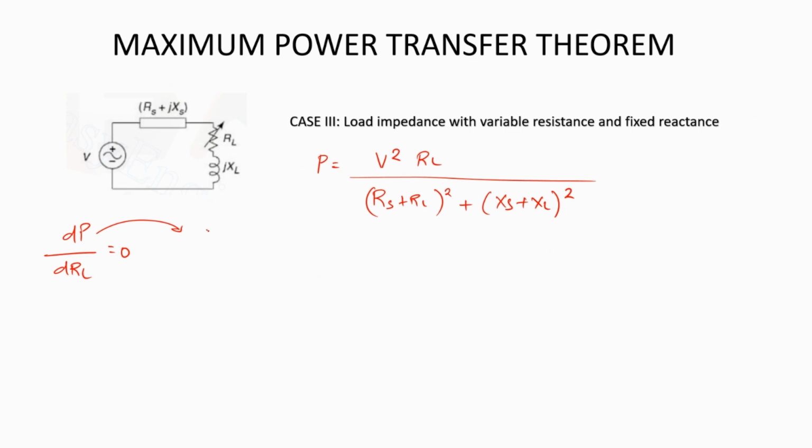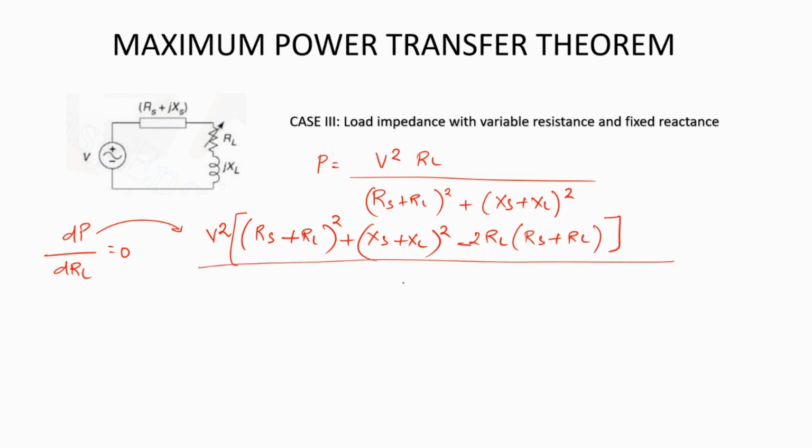So we are going to get this value V square times RS plus RL the whole square plus XS plus XL the whole square, because we've differentiated this now, keeping this constant, then minus 2 times RL times RS plus RL, divided by RS plus RL the whole square plus XS plus XL the whole square, and then the whole square, equated to 0.